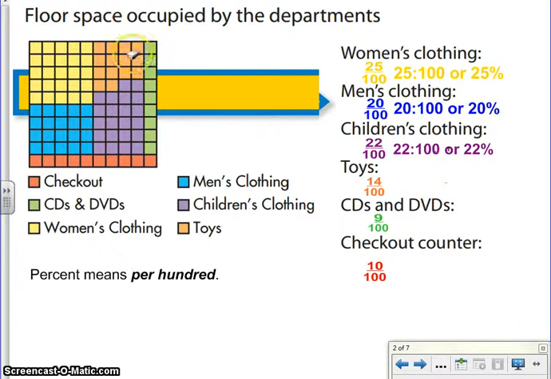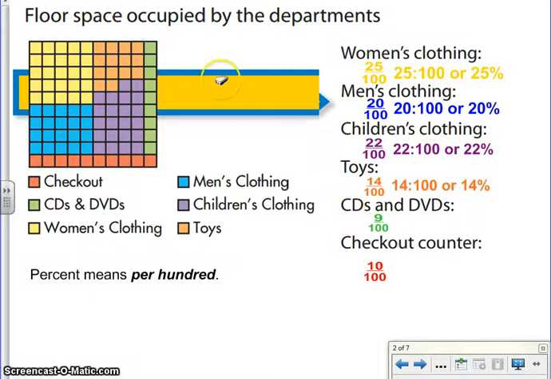Toy department, I bet that's your favorite section in the store. Again, I'm counting over where I have equal ones, 1, 2, 3 down, 1, 2, 3, 4 across. So 3 times 4 is 12, but again, there's those 2 extra. So total space is 14 out of 100, written as my ratio, and then written as my percent.